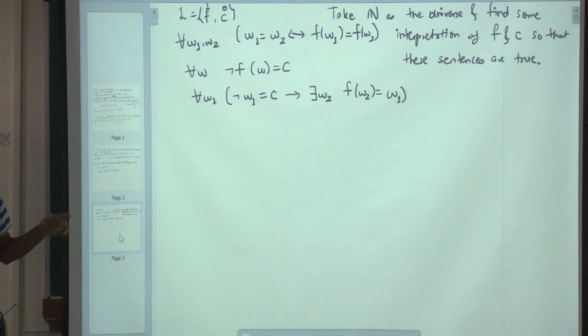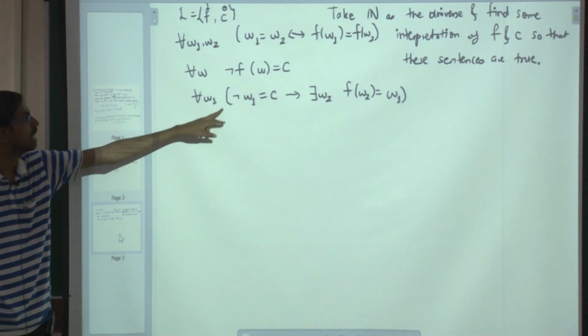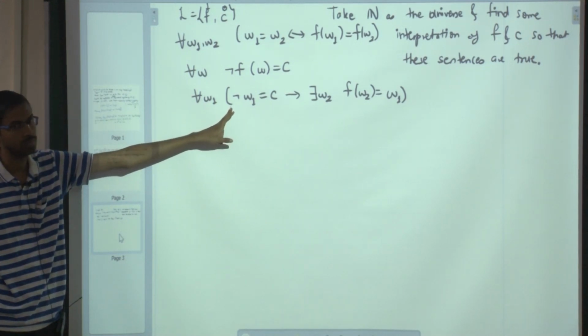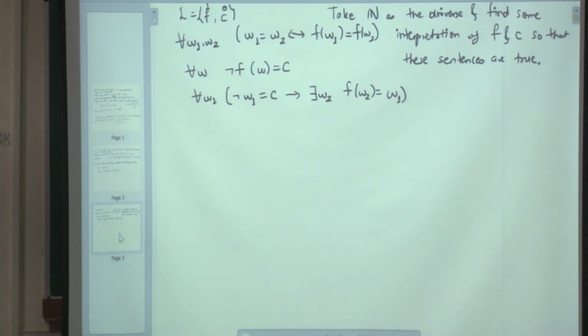Don't talk about 0. Right now we are just interpreting a sentence. So whenever it is not C, every element except C has a pre-image. I mean these two sentences together say that it is surjective except for one element. The image only lacks one element and it is injective.